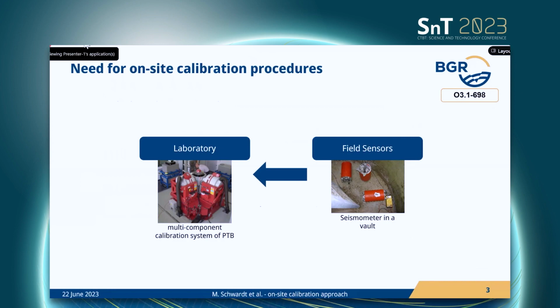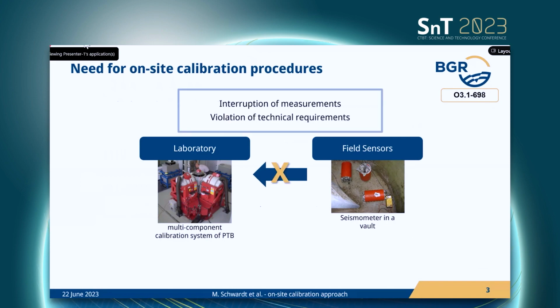As I said, the laboratory procedures are quite well developed by now, thanks to the project, but the field sensors aren't able to come to the laboratory on a regular basis, as this would disrupt the measurements and violate the technical requirements, especially of the IMS. So somehow the laboratory has to come to the field sensors.